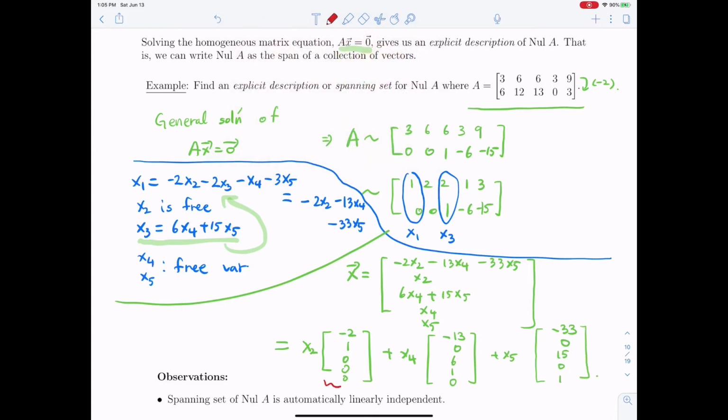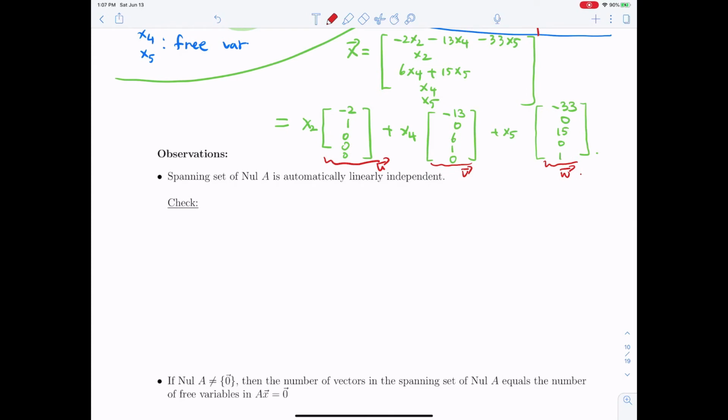If I let this be u, that be v, and the last one be w, then we can write all the solutions for the homogeneous equation as linear combinations of u, v, and w. So the null space of A is in fact the span of u, v, and w. And we know that the span of vectors always forms a vector subspace of the original space R5.